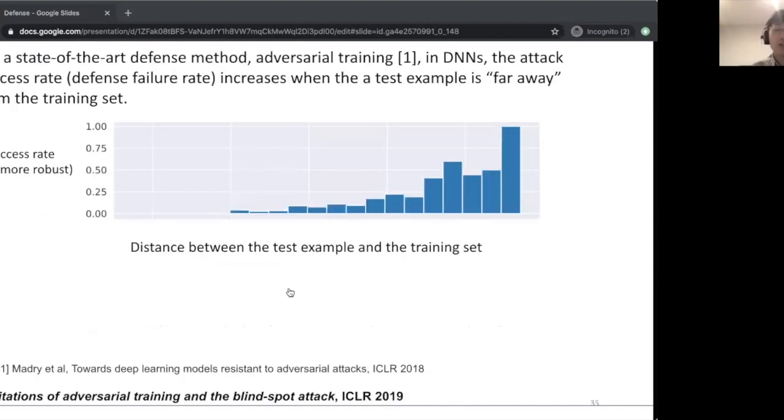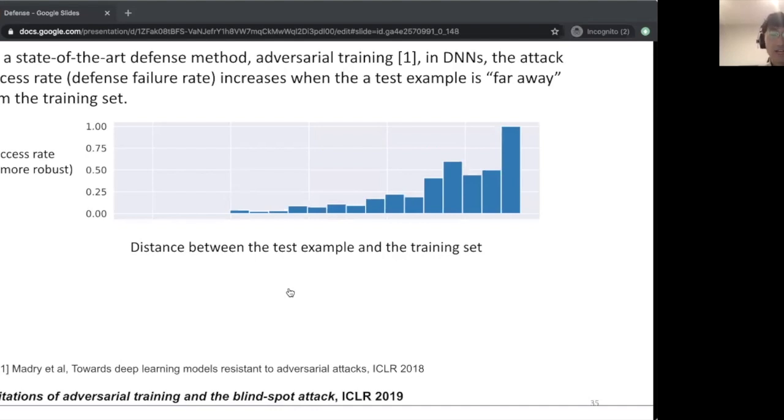Here we have some empirical studies on the practicality and the hardness of a state-of-the-art defense method for deep learning, which is adversarial training. We show that the effectiveness of adversarial training has a strong correlation with the distance between a test example and the manifold of a training set embedded by the network.